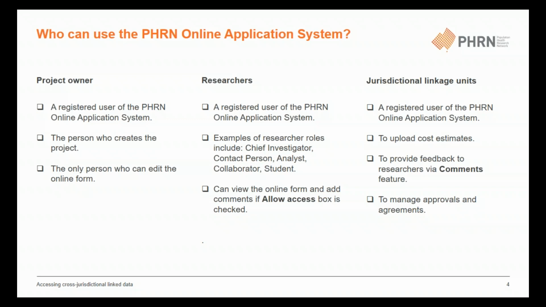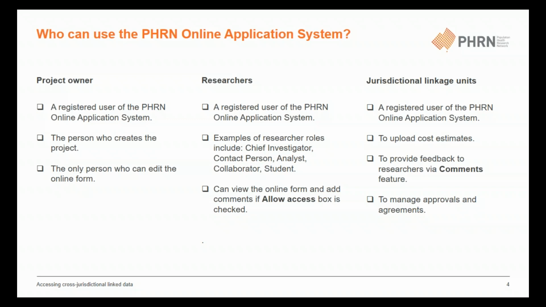The first one is the project owner, and this is the person who creates the project within the system, and this is the only person who can edit the online form. So there's the project owner, and then you've got your research team. You also have to register to be a user of the online application system, but then the project owner would list you under the researcher page as either a chief investigator or a contact person, analyst, collaborator, student.